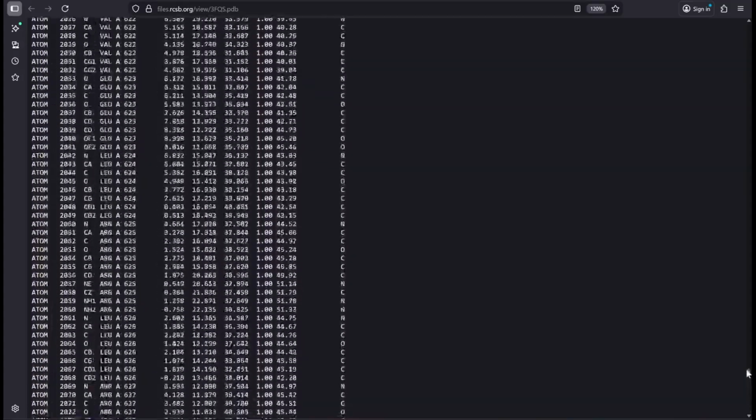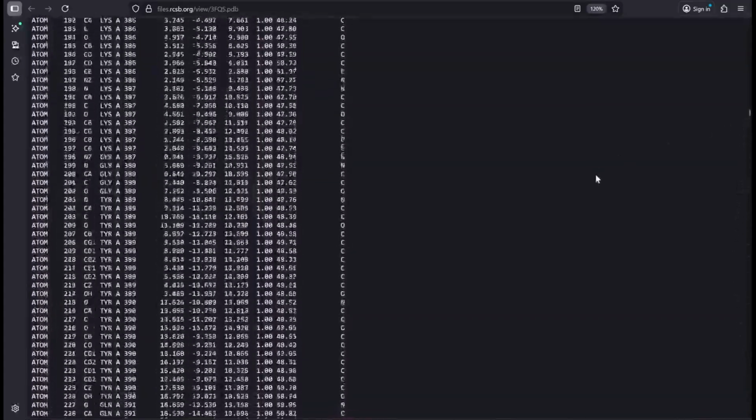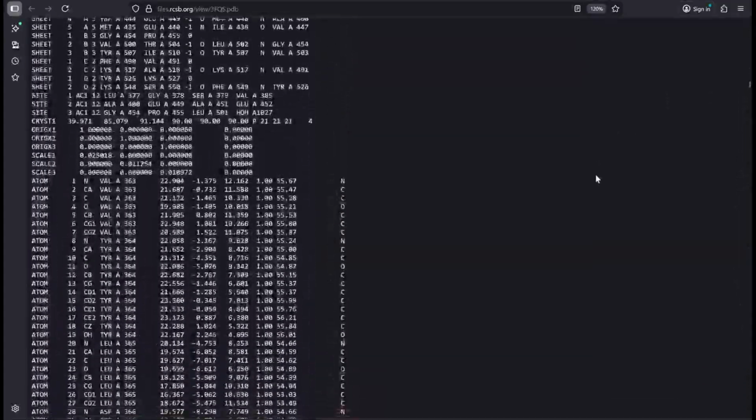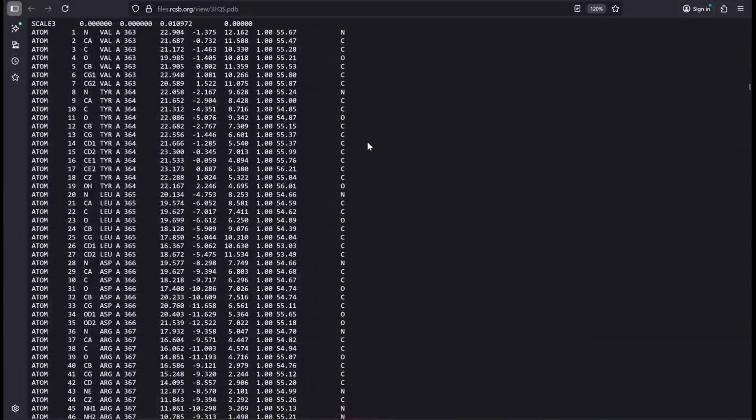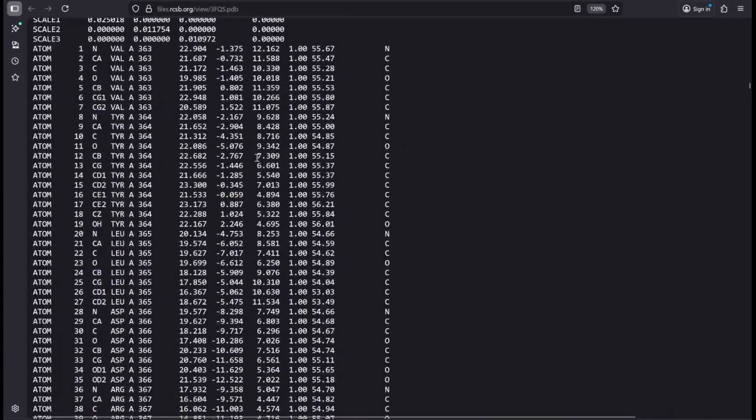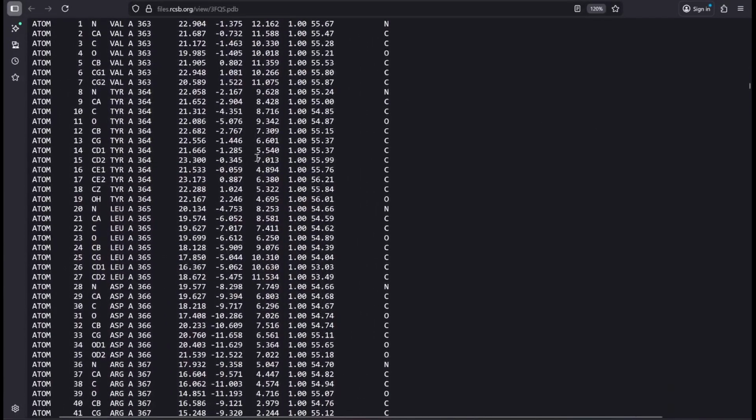So in this particular case, if we talk about the 3D coordinate information and the other columns that are also present here, can you say which of these columns or values reflect the B factor for the specific atoms?